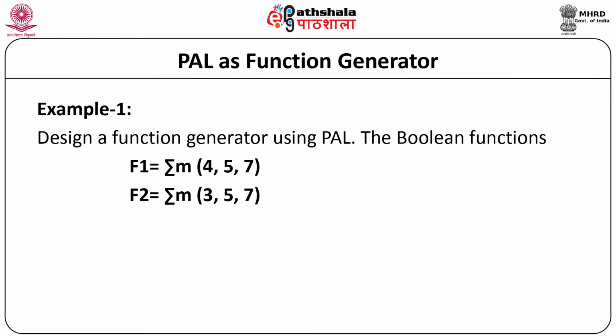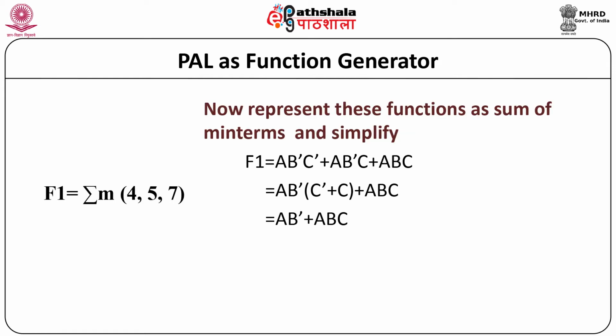Let us consider the first example. Design a function generator using PAL. The functions are f1 is equal to summation of 4, 5, 7 and f2 is equal to summation of minterms 3, 5, 7. Now, represent these functions as sum of minterms and simplify.